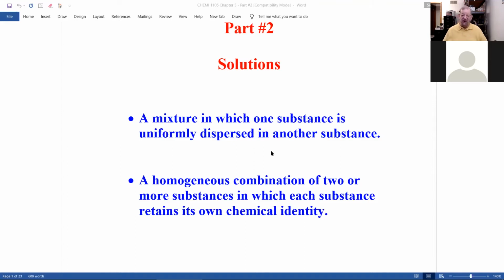Another way of saying it, it's a homogeneous combination of two or more substances, and this is important, in which each substance retains its own chemical identity. When you mix two things together to make a solution, neither compound or material changes. It does not undergo a chemical reaction, and that's a solution.